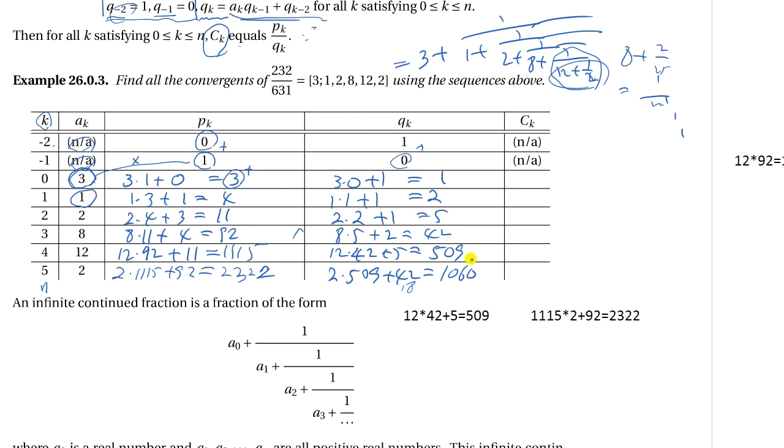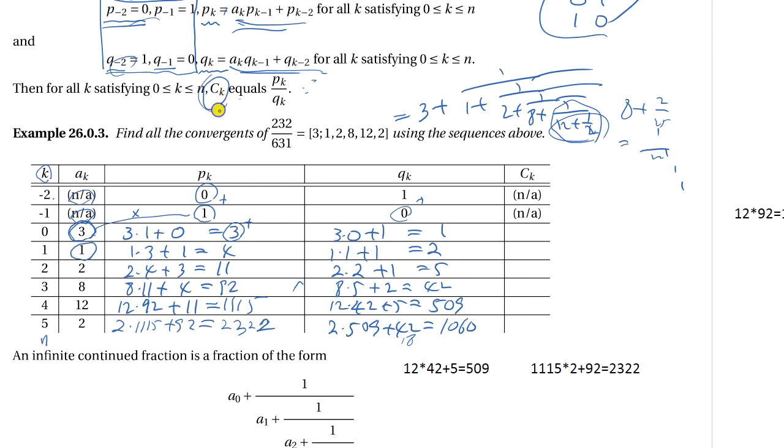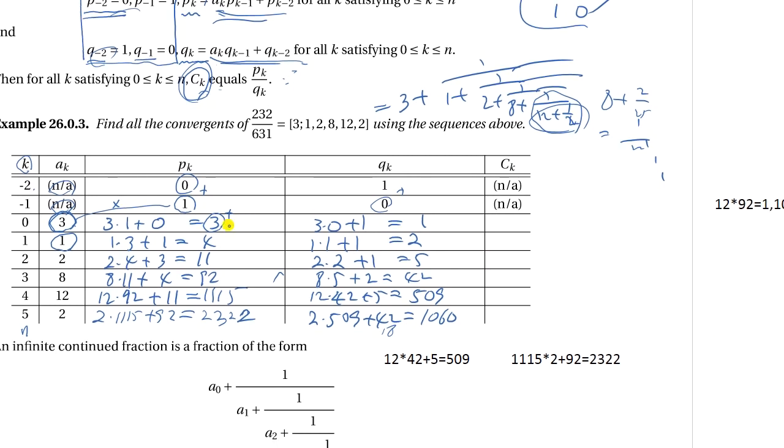Okay. Then C sub k. So this table is not only giving us a certain k, it's a list of all the C sub k, right? So the first one is p sub k over q sub k. Next one is 4 over 2... Oh, okay. I made a mistake. Sorry.